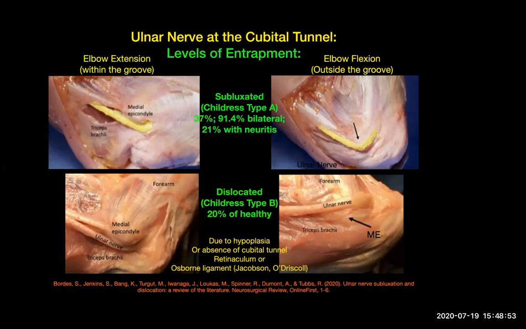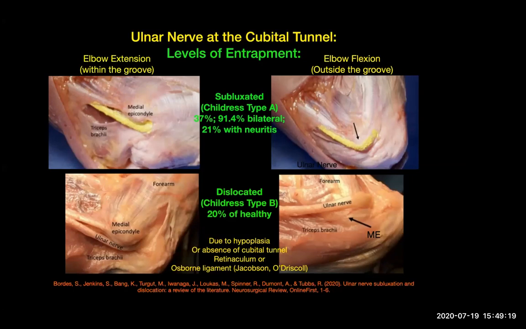Some would characterize this as Childress type A, and it is present in about 37% of patients. 91.4% are bilateral, and 21% will show neuritis. So a lot of times it could just be asymptomatic. So you don't need to worry unless you're actually having some problems there.